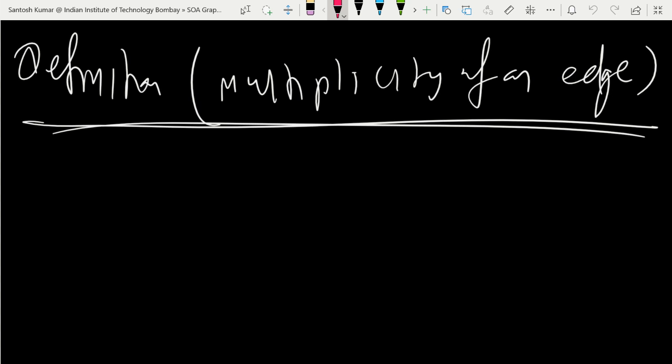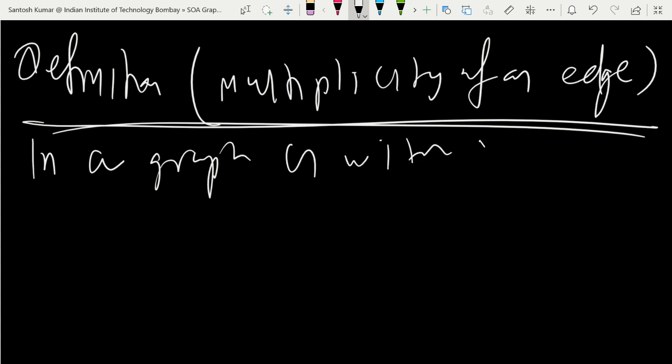So let me write the definition, okay? So definition is: in a graph G with multiple edges. So that's why we can find multiplicity of an edge.